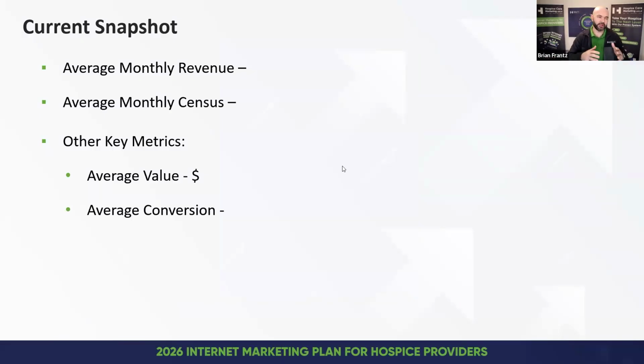You have the opportunity to jot down what your revenue is right now, the current state of the business. What's the average monthly revenue and the average monthly census? And a couple other metrics: what is the average patient count the hospice brings in on a monthly basis? And what do you think your conversion rate is in terms of people making contact?